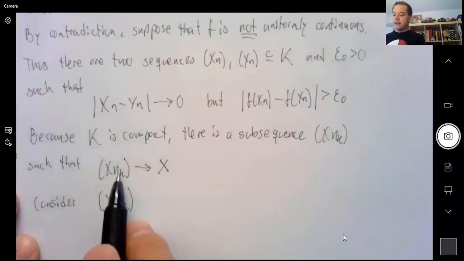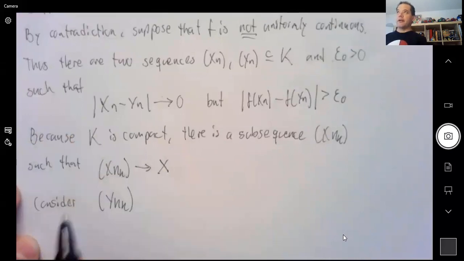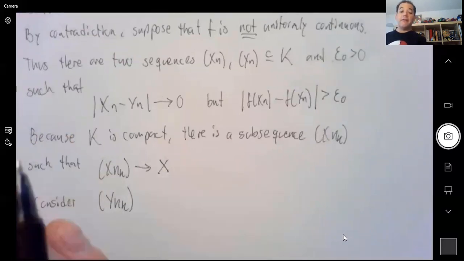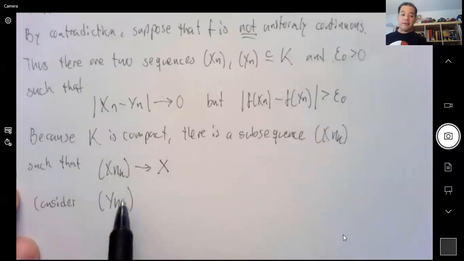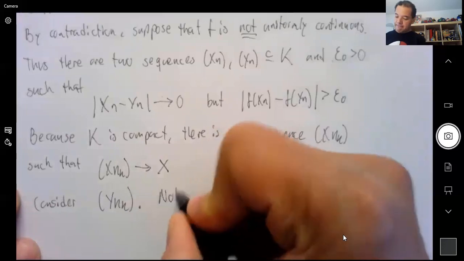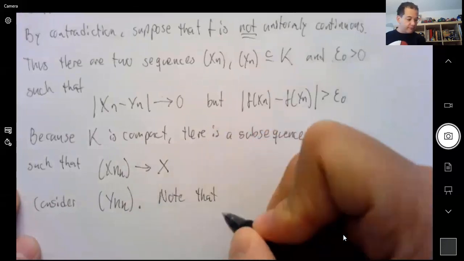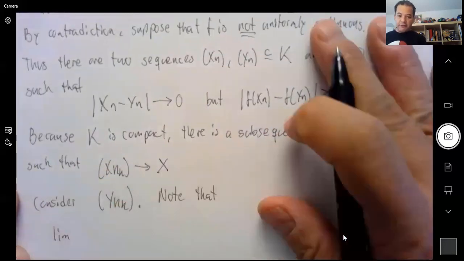If this subsequence was, let's make it simple, the even terms, so imagine that this subsequence was x2, x4, x6, x8, etc. Then here we're considering y2, y4, y6, y8, etc. So the same sub-indices. So consider this sequence, right? So note that, what happens when we try to do the limit of this one?